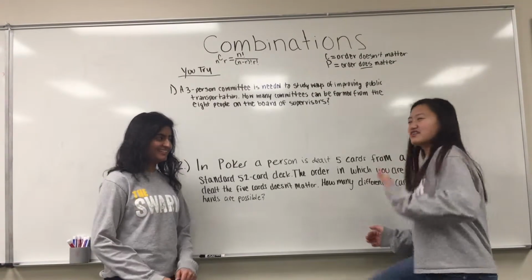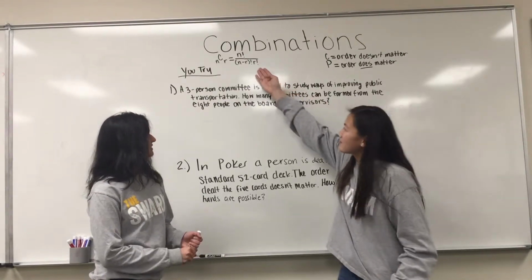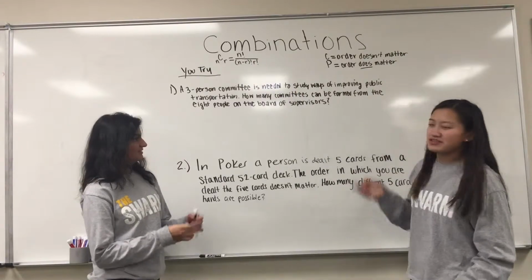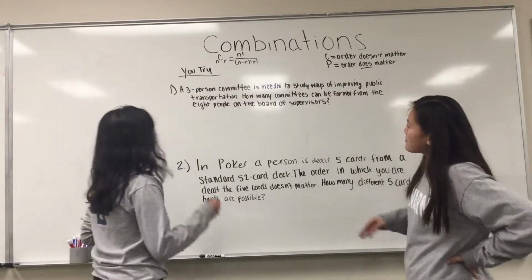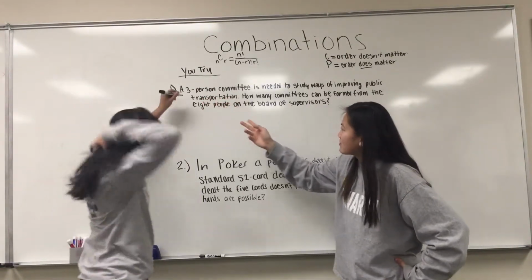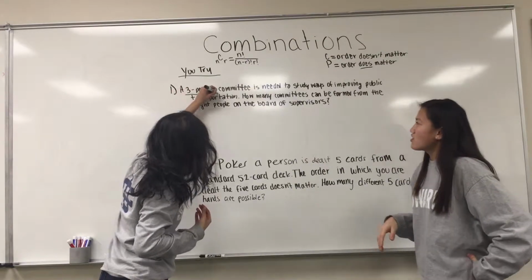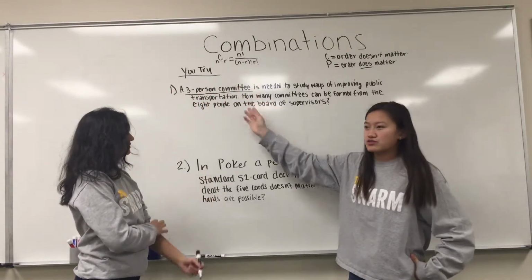Hopefully these weren't too hard because we gave you the equation, but we're still going to explain it. In this first question, we know there's a 3-person committee, so I'm going to underline it. That's how many we have to choose.